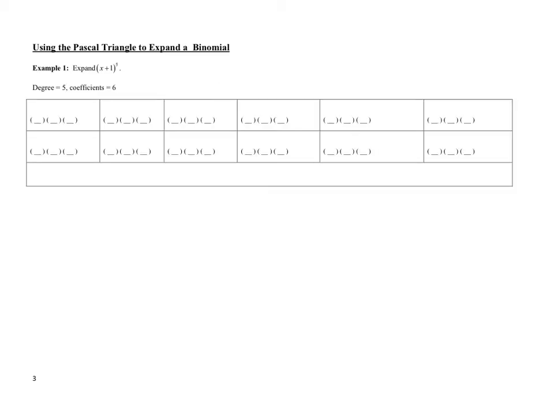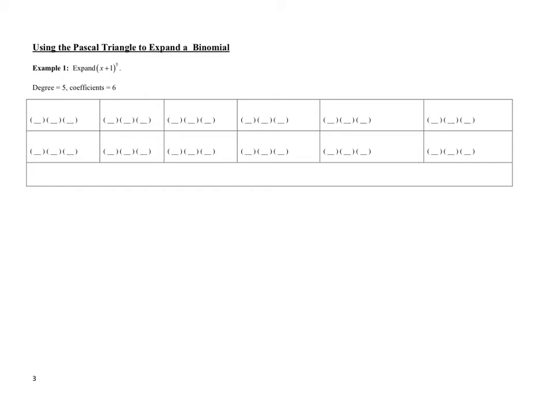So here let's do an example of using the binomial expansion. And what I'm going to do here, I'll start by writing the coefficients. And how will I do that? I'll go to my table and find a degree of 5. I'm going to write those coefficients right here.